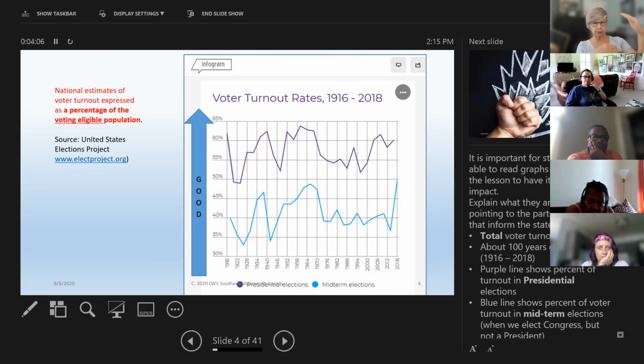But my question to you today, based on this graph, is what do you notice about the turnout between presidential elections, which is the purple line at the top of the graph, and midterm elections at the bottom of the graph? And if we're in person, I just ask kids in the classroom. In this virtual format, we can either have people volunteer or you can ask kids to put what they would say into the chat.